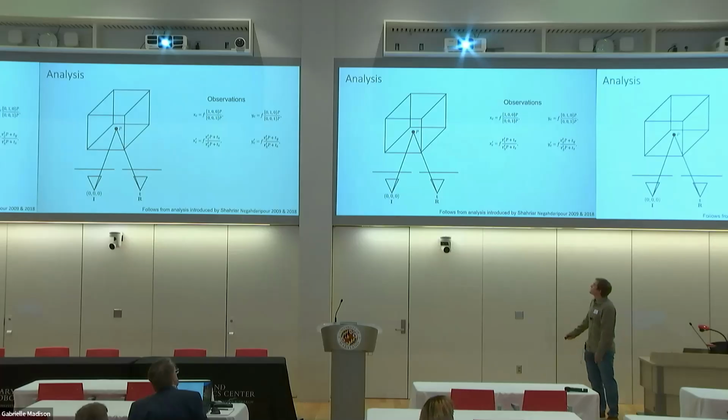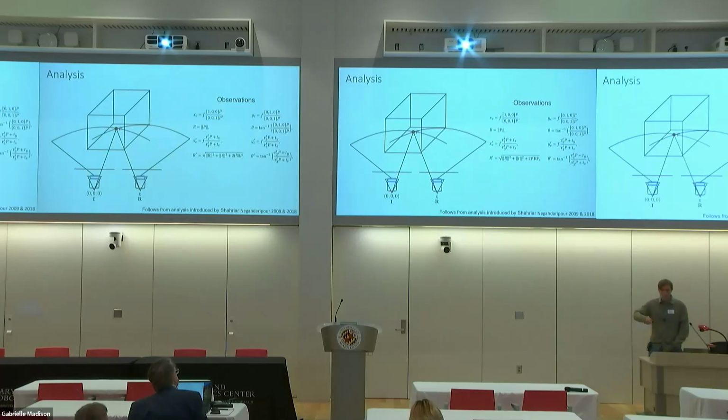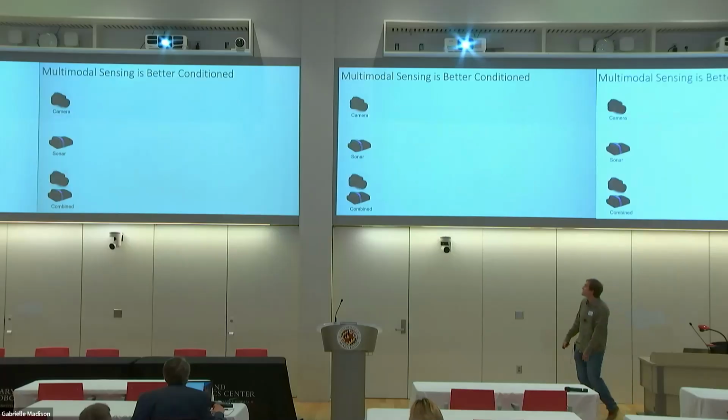I will skip through the equations, but essentially, following standard techniques introduced by Shahriar Negahdaripour, you can characterize how well you can triangulate using these complementary modalities. You can set up a linear system, and by inverting the system, I can triangulate a point in 3D.